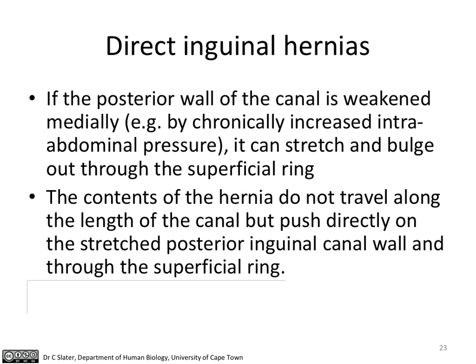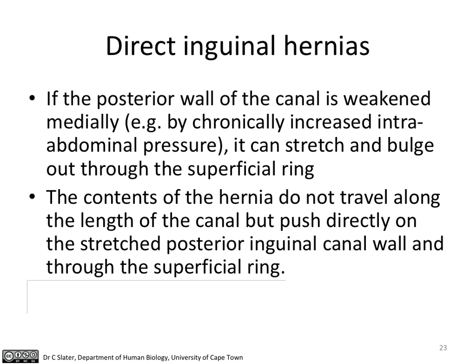As an application of what we've just learned, let's look now at the condition of direct inguinal hernia, which occurs commonly in adults. We know that the posterior wall of the canal is a weak structure, but it is reinforced medially.